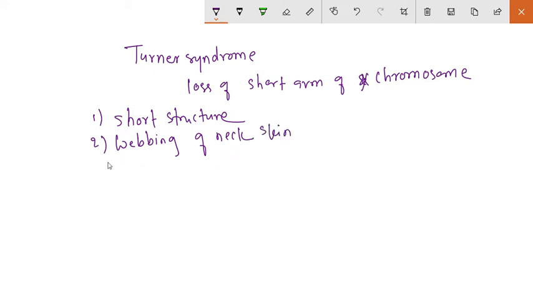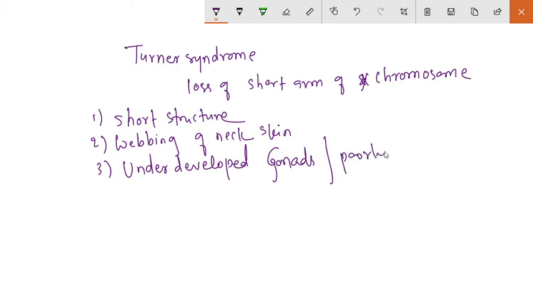Then underdeveloped gonads. गोनाड्स म्हणजे या ठिकाणी जर फिमेल असेल तर पुअरली डेव्हलप ओव्हरीज असतात. Ovaries in female.